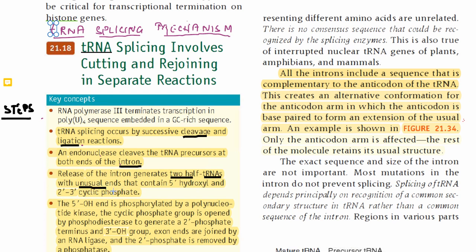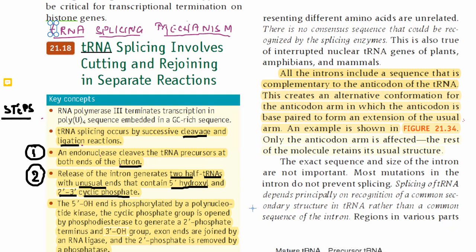What are these unusual ends? 5' OH and 2' to 3' cyclic phosphate. So first is the removal of the intron by endonuclease, and second, after the intron is removed, the two ends are generated: the 5' OH group and the 2' to 3' cyclic phosphate group.